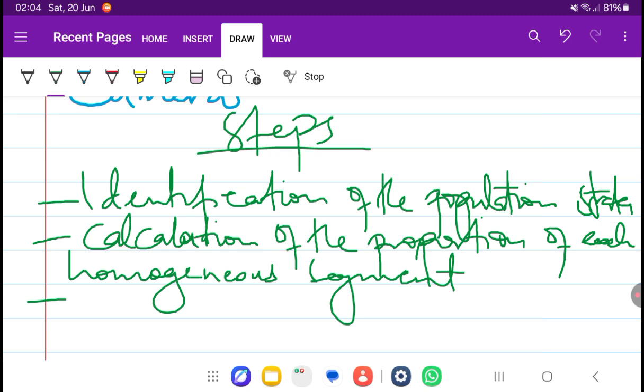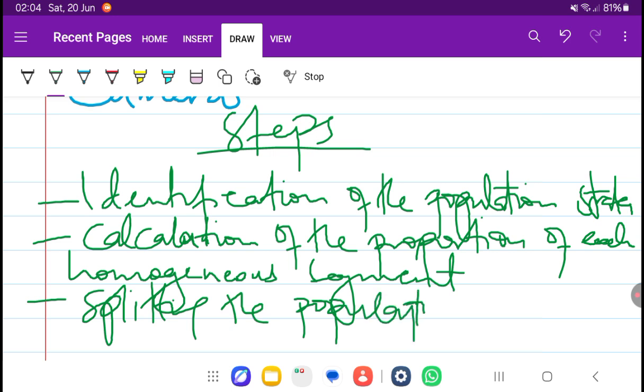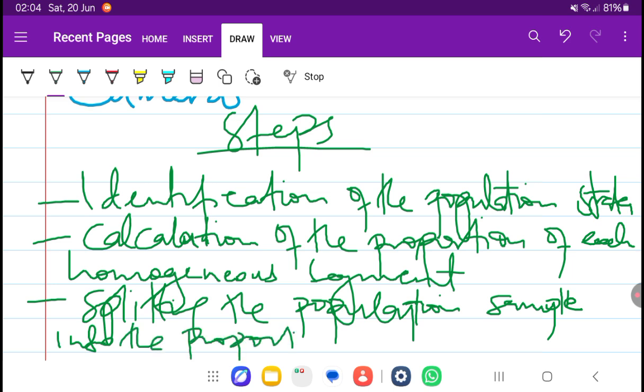Then the third step is splitting the population sample into the proportions above.